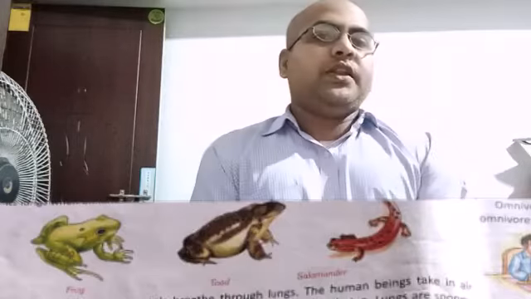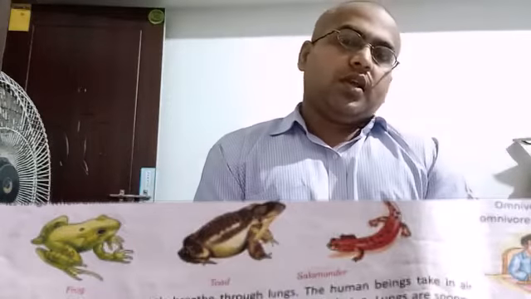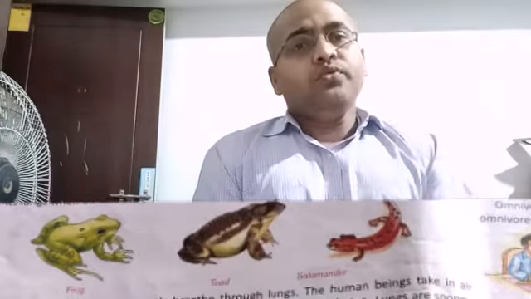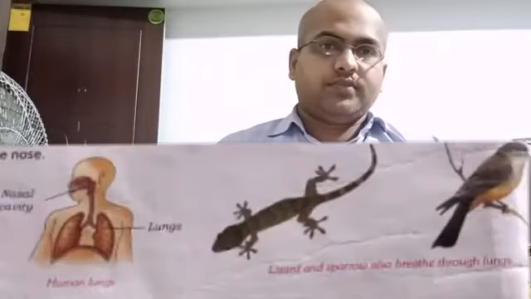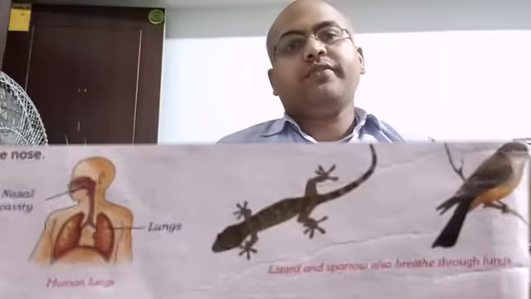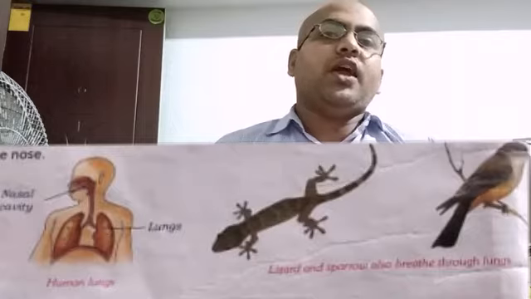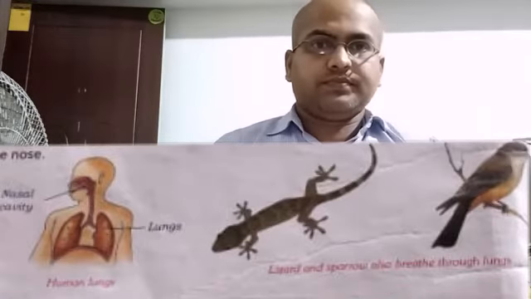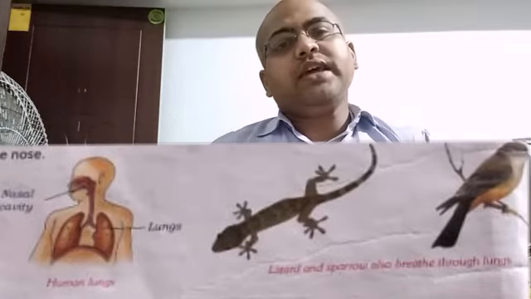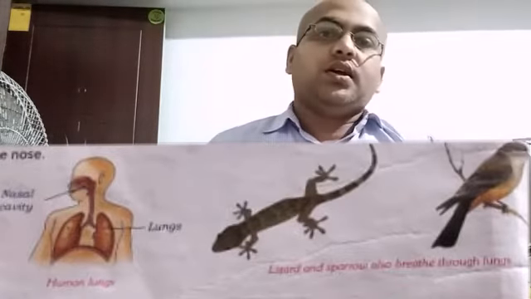The best example is the frog. When a frog moves inside the water, it breathes with the help of its moist skin. And when it comes onto land, it breathes with the help of its lungs. In this way, amphibians breathe in water and on land.